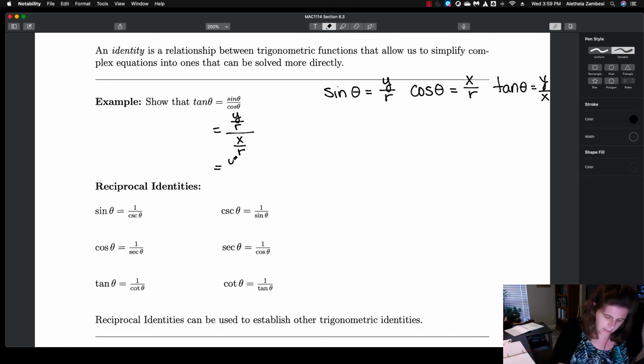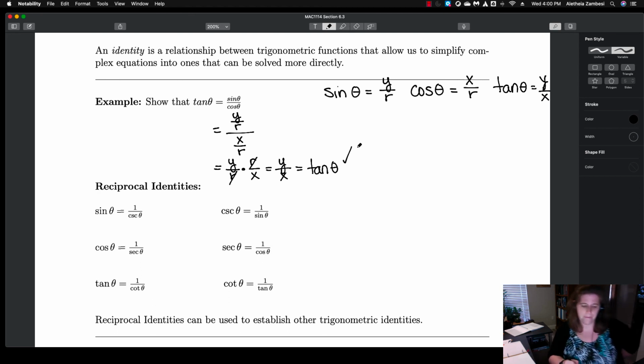So here I have y over r multiplied by r over x. My r's cancel, and I get y over x, which is tangent of theta. Check. So that's what we were going for. I wanted to be able to show that sine theta over cosine theta is equal to tangent theta.